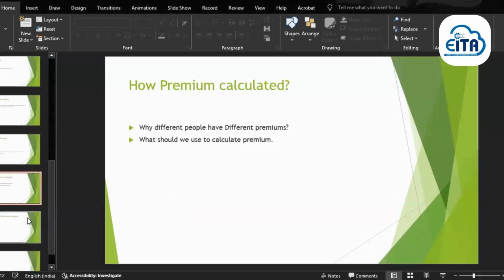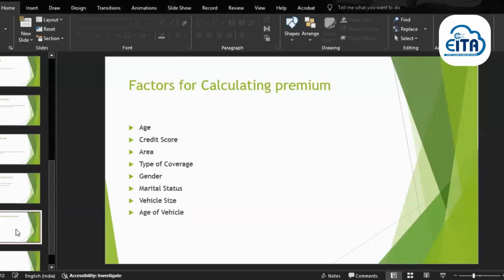Then why do different people have different premiums, and what do we use to calculate the premium? In Guidewire we have the rating engine, which is used to calculate the premium. Different people have different premiums because there are multiple factors involved. Age matters: if it is an experienced driver, the premium will be less.